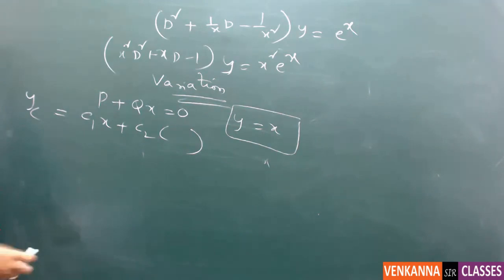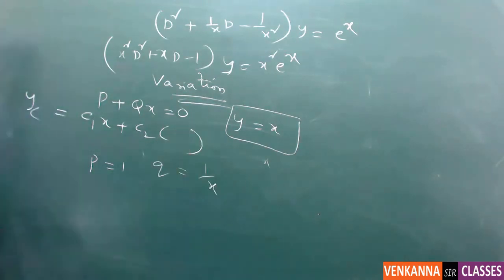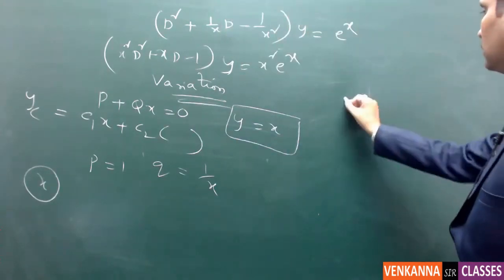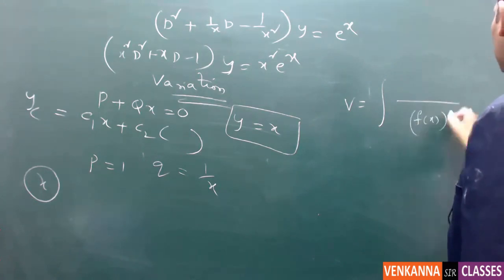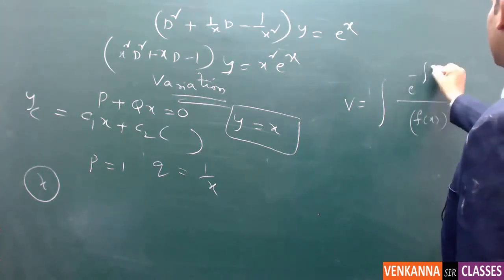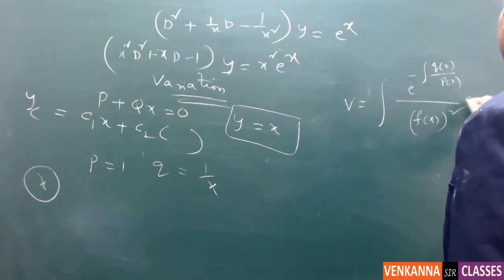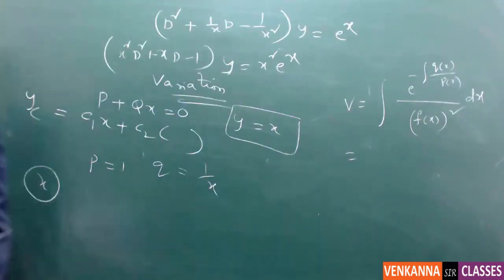So here, y1 is equal to x is one solution. So you have v is equal to integral of 1 by f of x whole square e power minus integral of q of x by p of x dx. Can you evaluate that, by taking the respective values here?